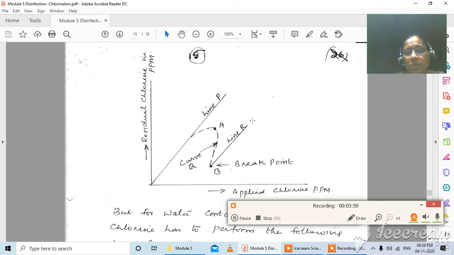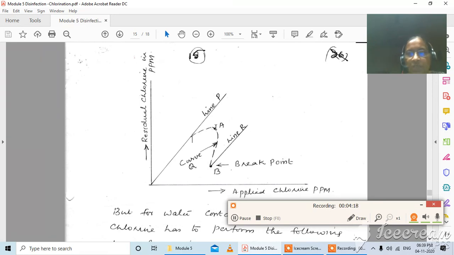So then what are point A and point B? Up to point A, from the initial line P, the curve PA shows the initial function of the chlorine demand. What is the first function? We know it is the inactivation, or reacting with the bacteria.